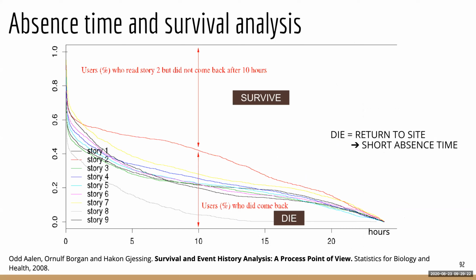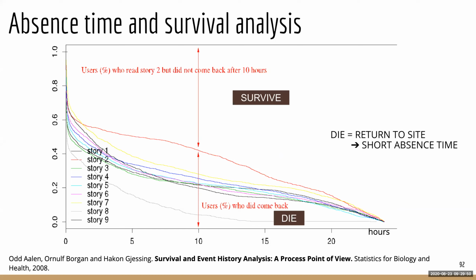So one way to look at time and try to predict if users are going to go is through survival analysis. And this has been used in the biomedical domain. You have people, half of them you give a treatment, and you look at the probability of survival, the survival rate.